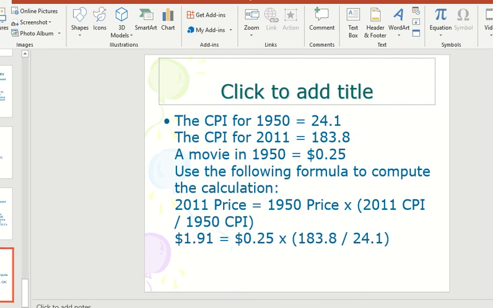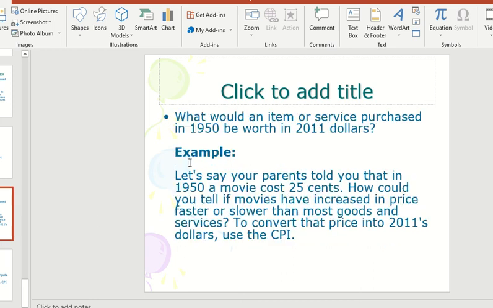$1.91. So when we go back to this question, how could you tell if movies have increased in price faster or slower than most goods and services? What would be your answer? It is faster, right? Okay?